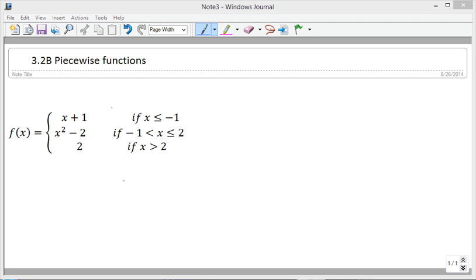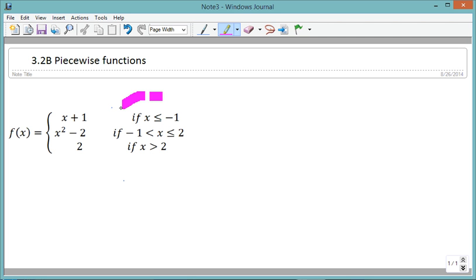Because if you see over here on the right, it has these constraints on x, right? So I'm only going to use the first one if x is less than or equal to -1. Any number that I pick, if it's less than or equal to -1, I'm going to plug it into the x plus 1.